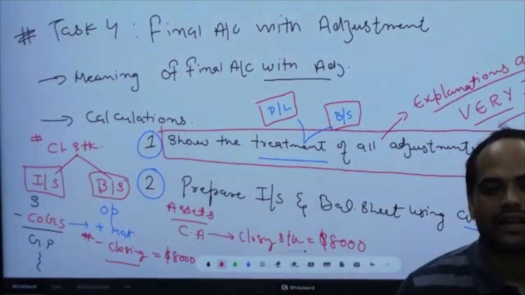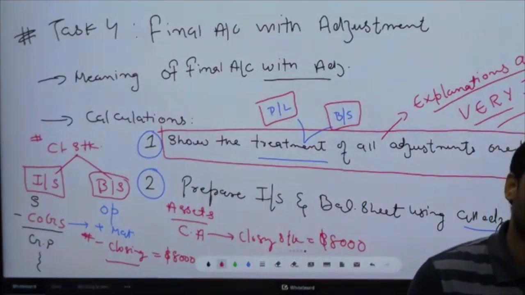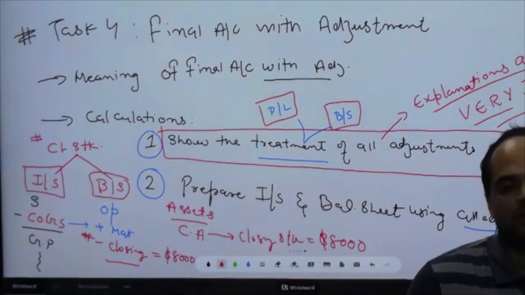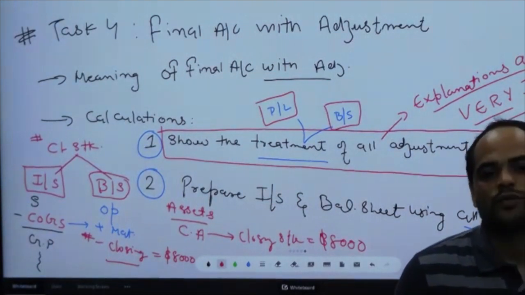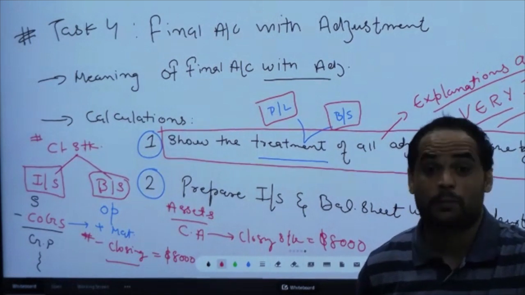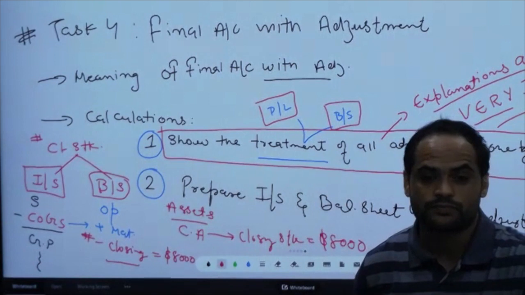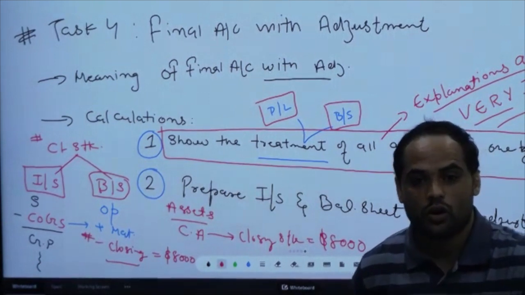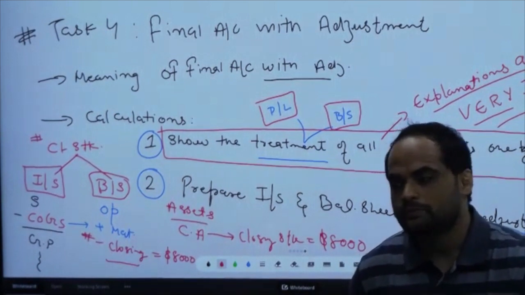I will send email to everybody about the specific explanations over the accruals and prepayments, I mean the insurance and the electricity both, right? So I will give you email on it, but please, my explanation, do not copy and paste, all right?